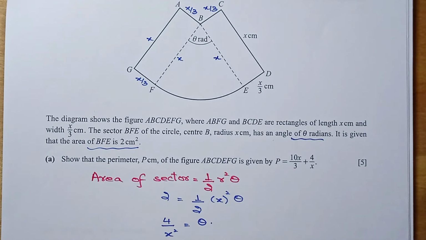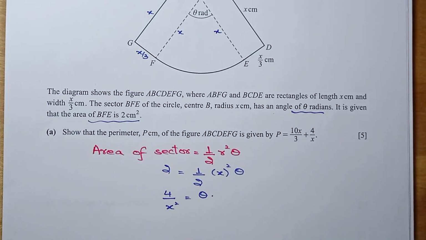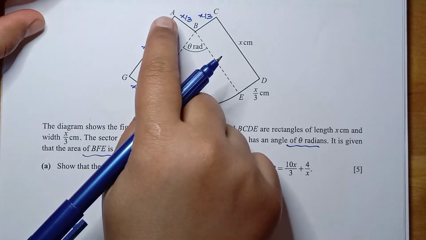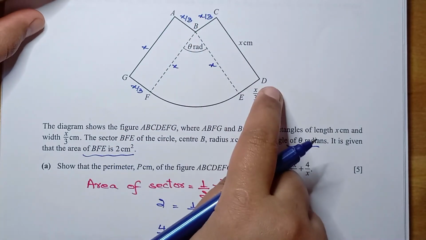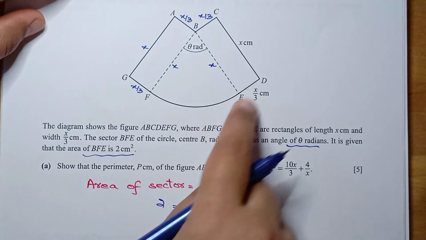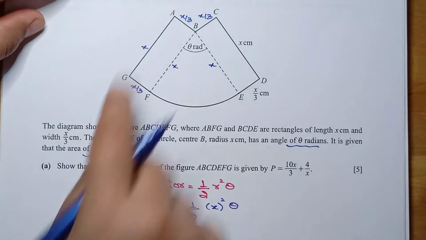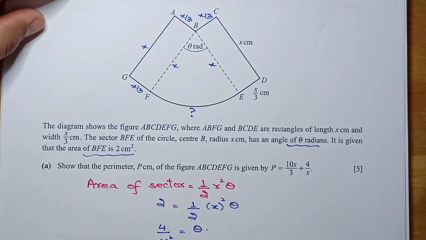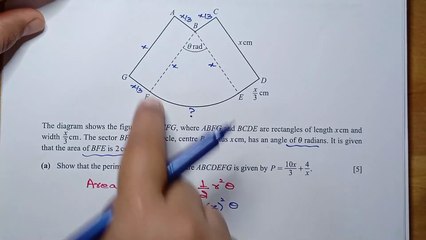So now we know theta, and the perimeter is the sum of all sides. We know AB, BC, CD, DE. We don't know the side EF. We know FG and GA. So what is this side? We can find this side by using arc length. We need to find the arc length of this sector.